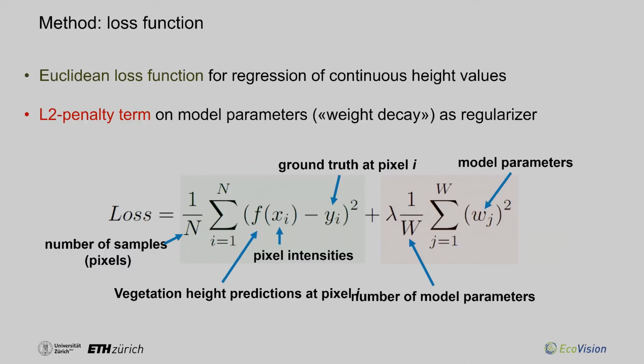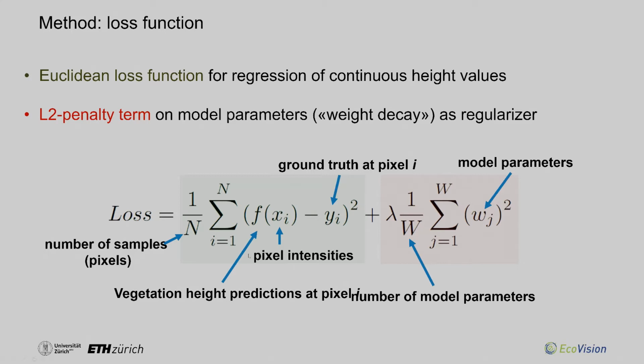So, and the loss function here, to explain it just for those who are not used to this loss function, is rather simple. And to demystify it a bit, I wrote also to each of the variables what it actually means. So it's a standard Euclidean loss function for regression, because canopy height or vegetation height is a regression task. It's a continuous value that we want to estimate.